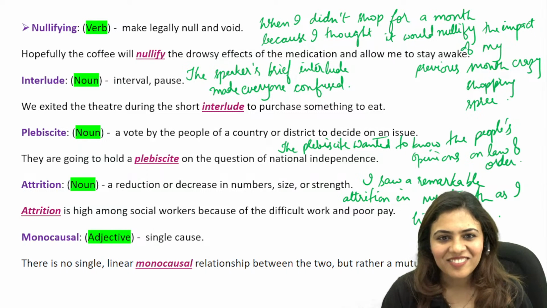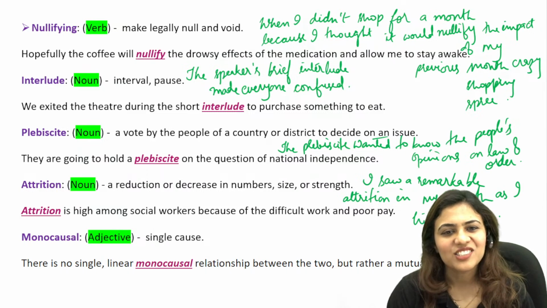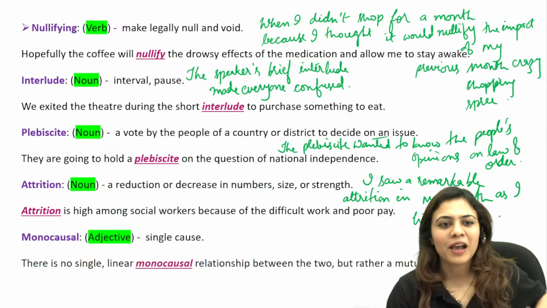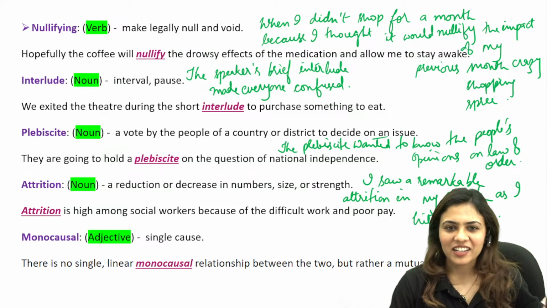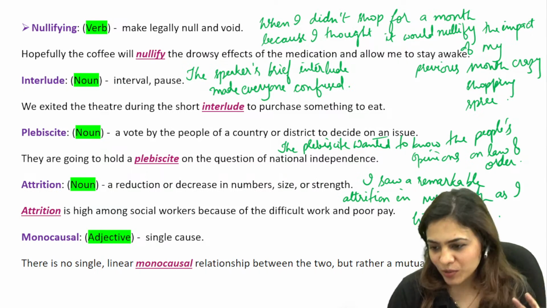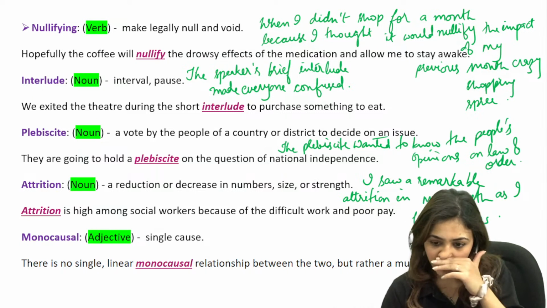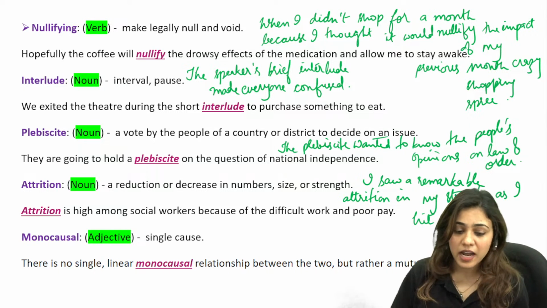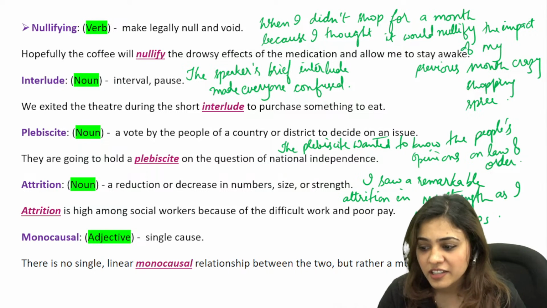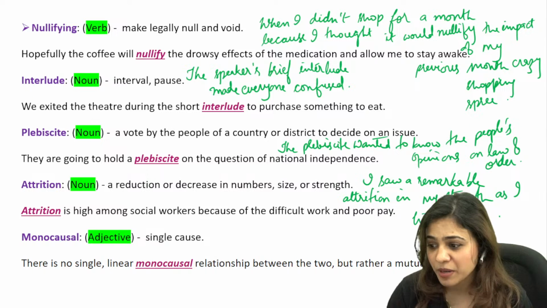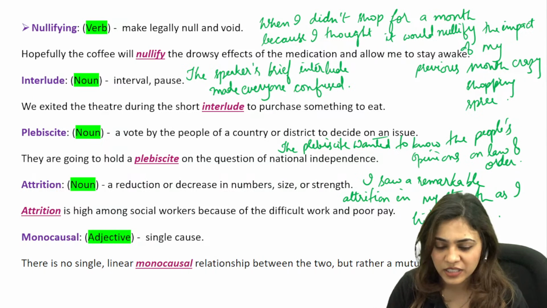Okay, so generally when we hit 30s, अचानक से आपको दुनिया जहाँ के back pain start हो जाते हैं and you feel like you are 80-year-old because of the back pains, neck pains. So that's exactly what I'm talking about. I saw a remarkable attrition in my strength, remarkable reduction in my strength as I hit my 30s.